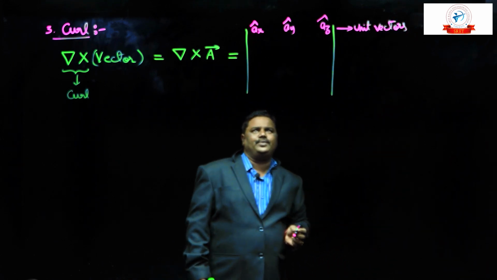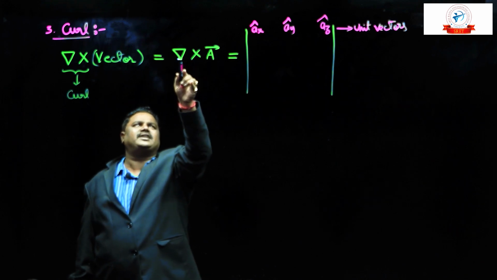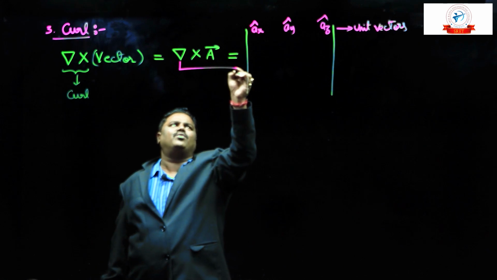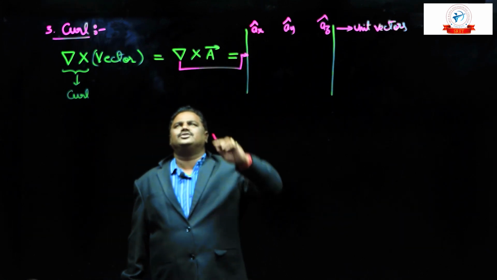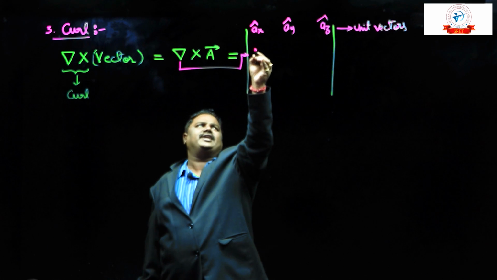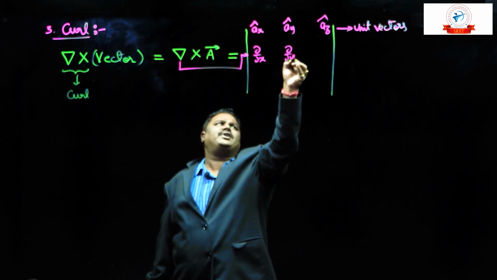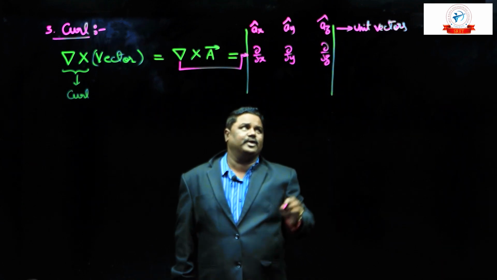Now in the second row, observe the cross product. The first vector is del, so in the second row we write the components of the first vector. In the del operator, the x component is dou by dou x, the y component is dou by dou y, and the z component is dou by dou z.